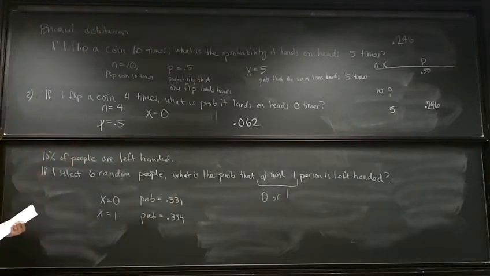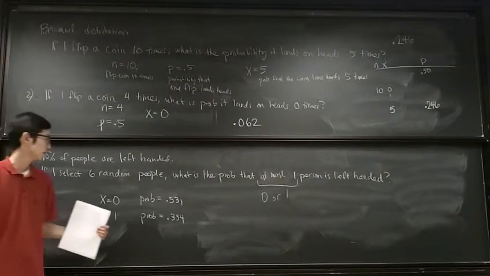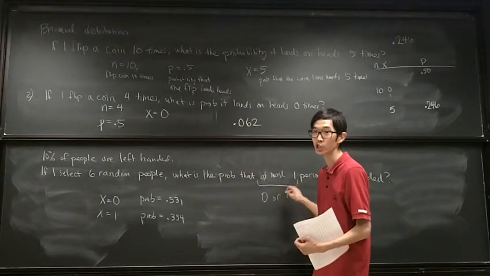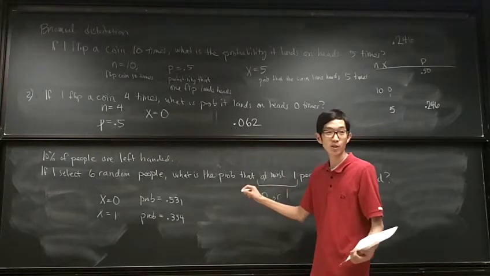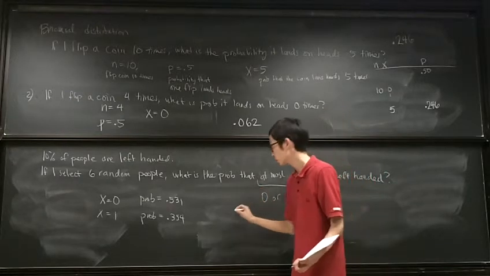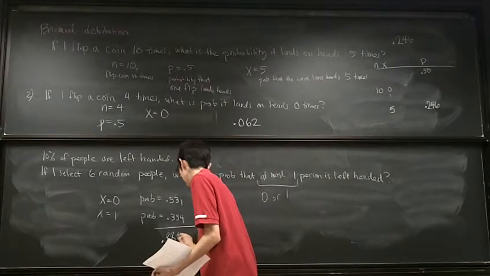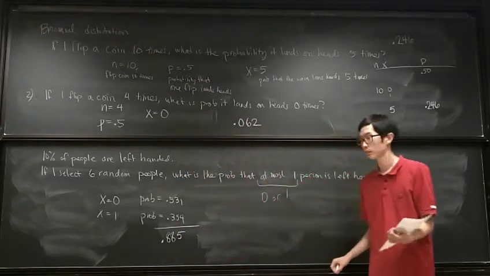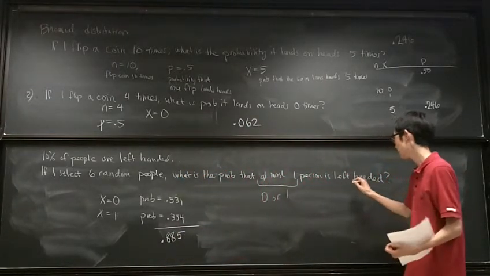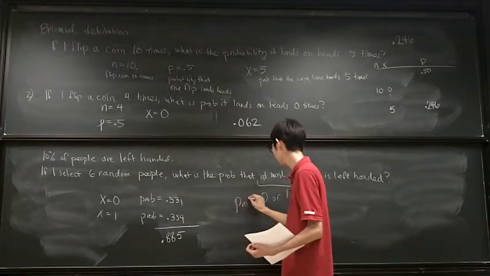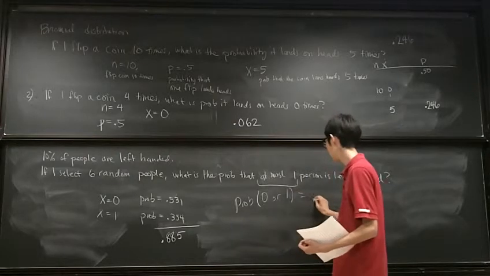So what's the total probability that at most one person is left-handed? 0.885. I add these two together because it's an OR question, and there's no overlap to subtract out. So the probability of 0 or 1 is equal to 0.885.